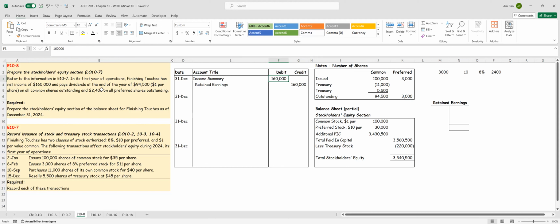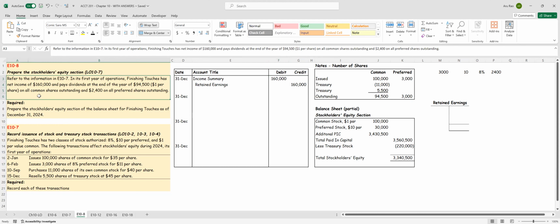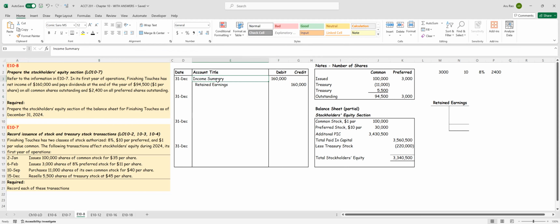When you do your closing entries, you close revenues and your expenses to income summary. At the end, your income summary account has a $160,000 credit balance, which means it's a profit. So income summary is closed to retained earnings. We finally want to transfer all that number, the profits or losses, into retained earnings. In this case, it's a profit. So $160,000 credit for retained earnings.